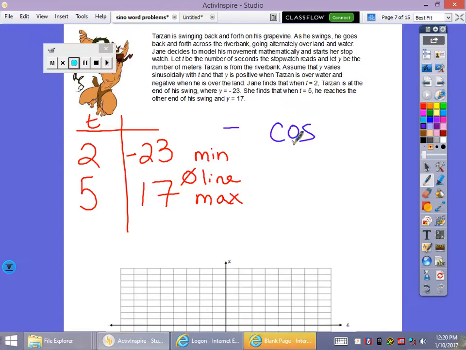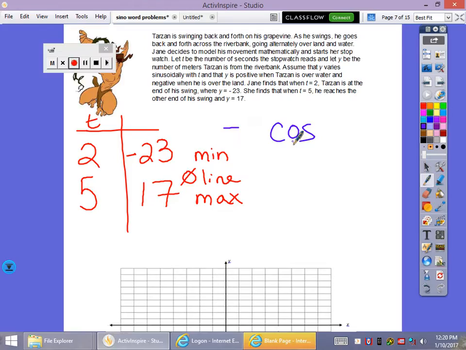Amplitude, okay. How can I find the amplitude from these two numbers? Okay, so the 0 line is the average. How do you find the average? You add and divide by 2. So the amp is not the average. Do you want to find the 0 line first?